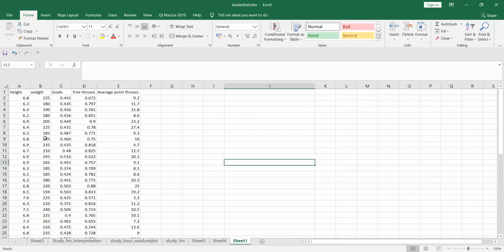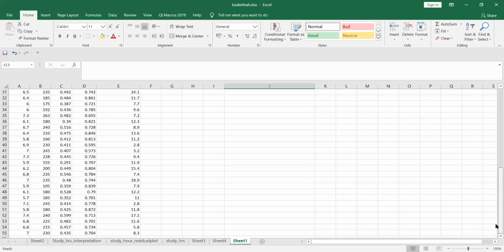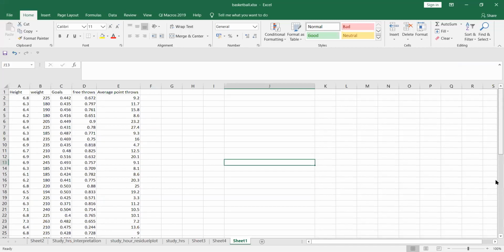So you are going to predict the height based on weight, goals, free throws, and average points. I'll share this data set with you so that you can draw some inference out of it. So you are going to predict based on these values.